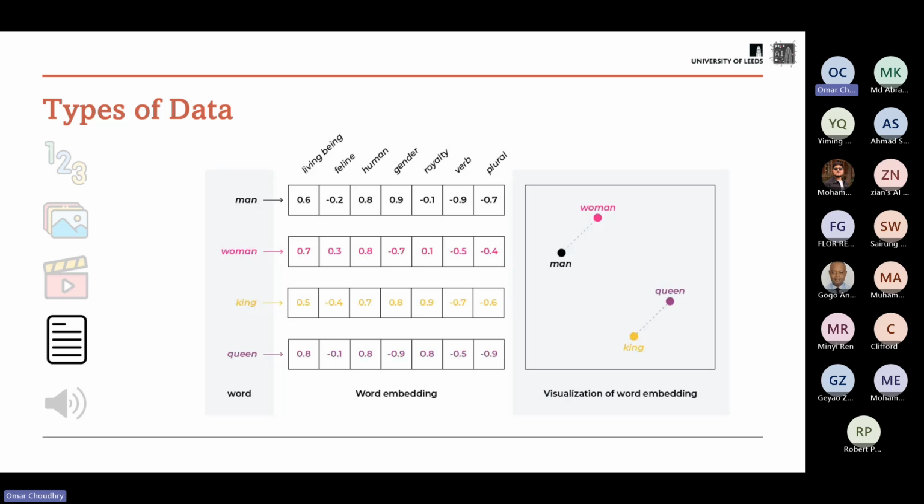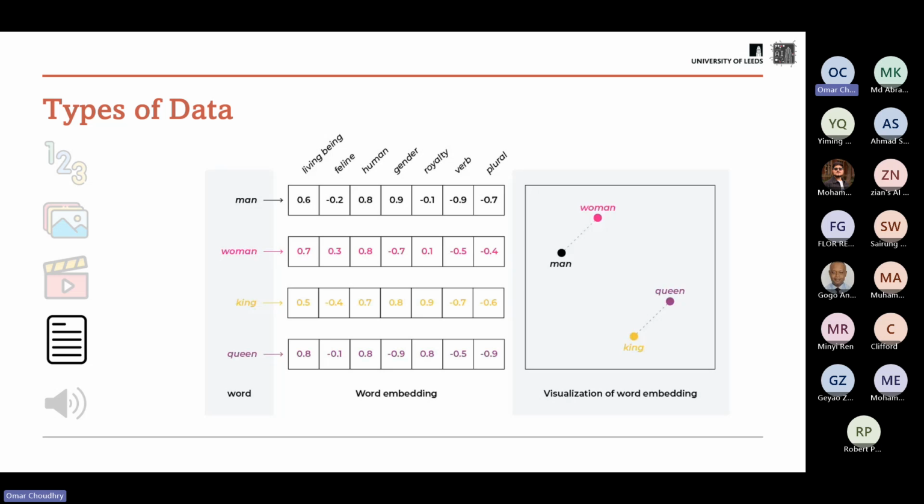We could look at each of these words and say, well, what are the definitions and what do these words mean? So for example, for king, what we see here is that we'll have different features. One example is living being, feline, human, gender, royalty, verb, plural, etc. And so rather than just drawing a word by itself or every letter as a number, instead, we have representations for what words are.